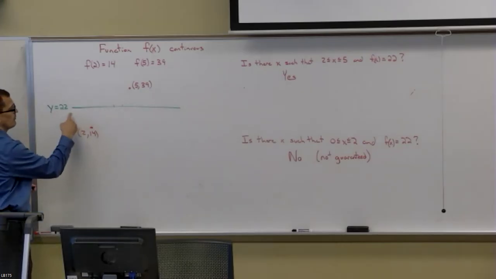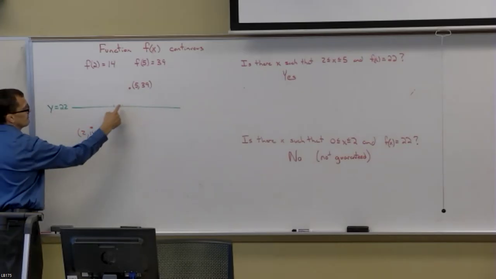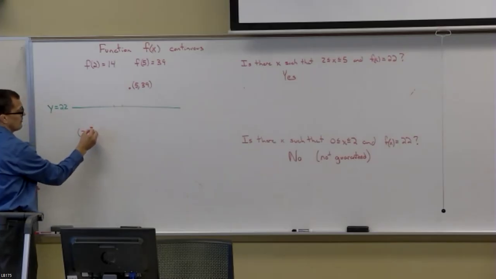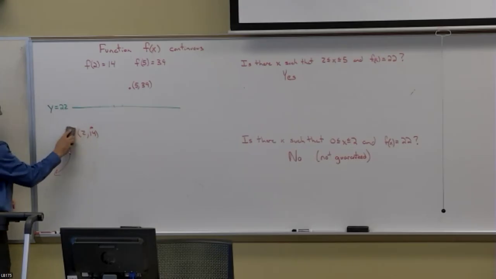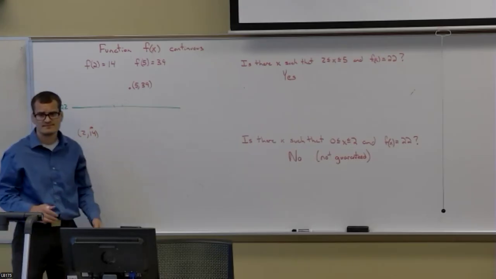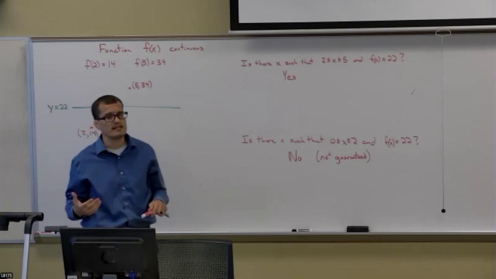We know there's one between 2 and 5, but we don't know what happens to the left of that point. Maybe it goes down forever to the left, right? It could turn back up and cross 22, but again, it's not guaranteed to have a value there. We okay with that? So that's the intermediate value theorem.